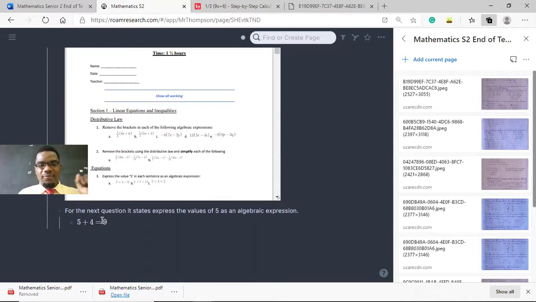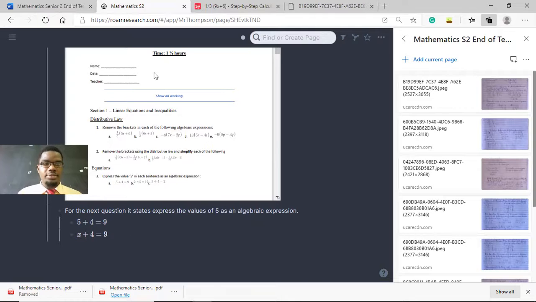So if I want to make 5 an algebraic term, I simply have to say, well, substitute 5 for x. I get x plus 4 is equal to 9. And that's the answer, right? Because now we can solve for x and say, well, carry over the 4 and you'll find your answer.